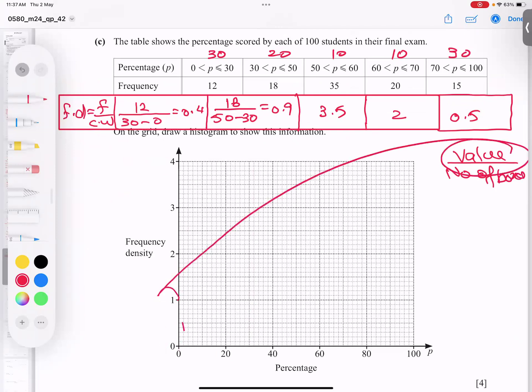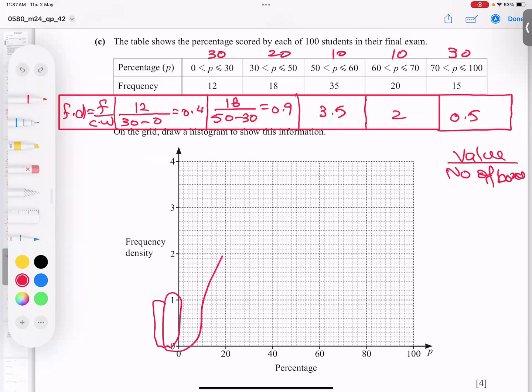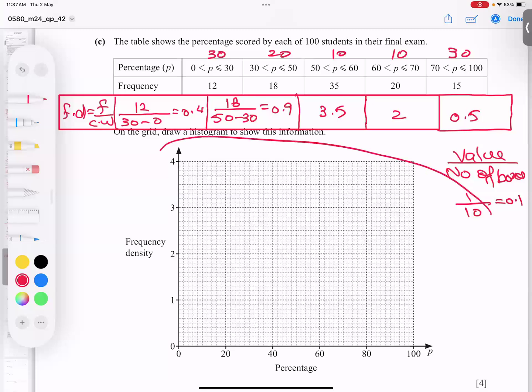The difference is 1 minus 0, which is 1, and the number of boxes is 10, so I get 0.1. It means along the y-axis, 1 box is 0.1. Along the x-axis, it is not very hard. 20 comes from here and 10 boxes, I got 2. 1 box is 2.